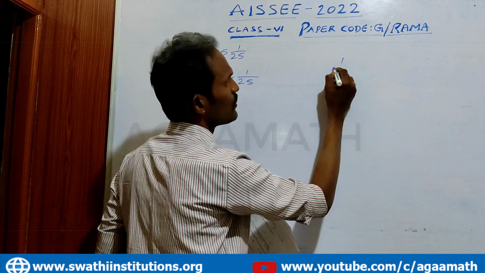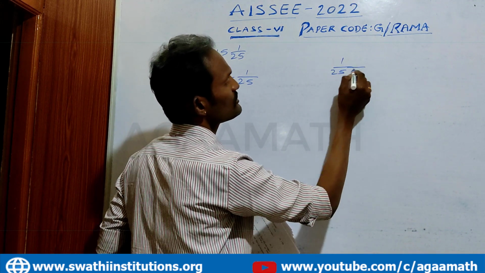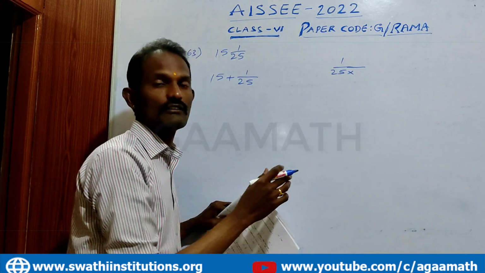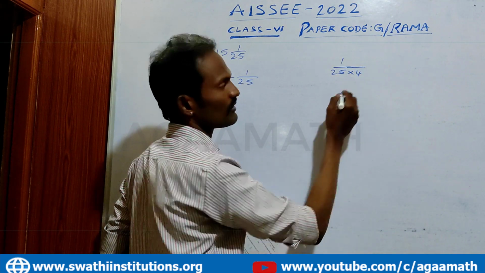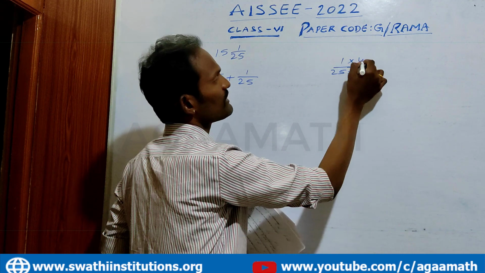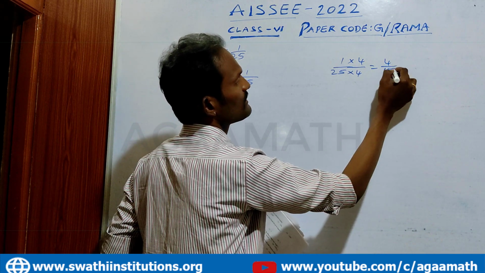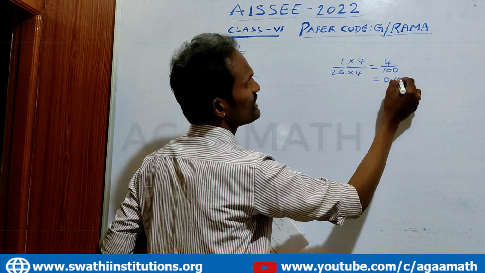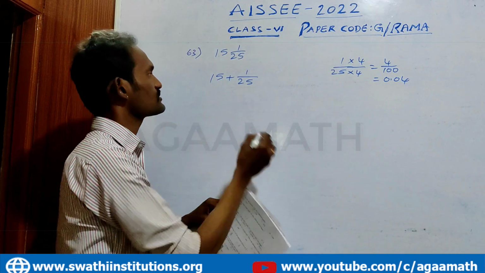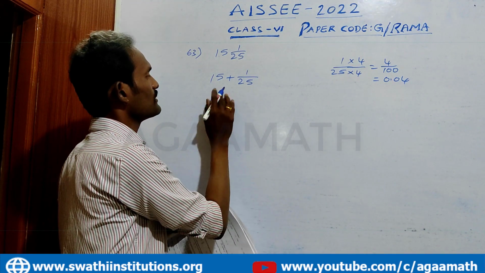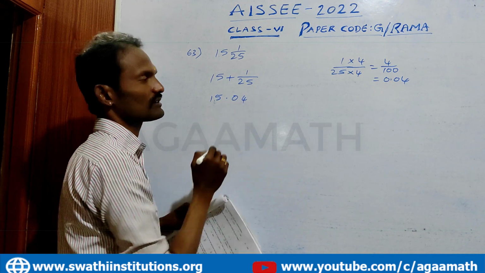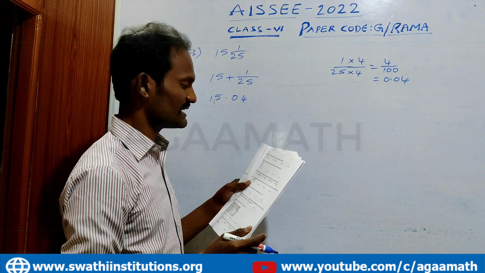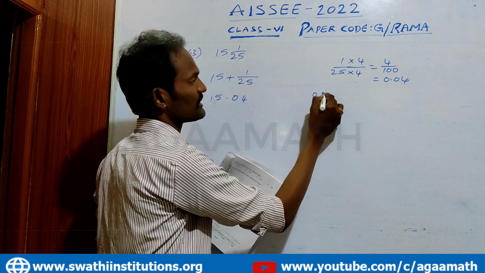So 1/25: to make 25 into 100, what should be multiplied? I have to multiply by 4. Similarly, here also I multiply by 4, that is 4/100, which equals 0.04. So 15 plus 0.04 is 15.04. So option 2 is the right option.